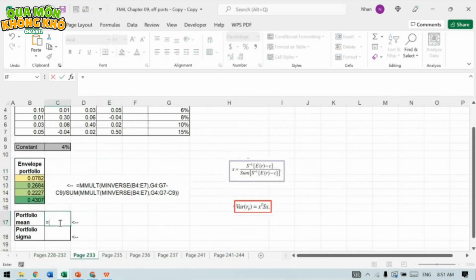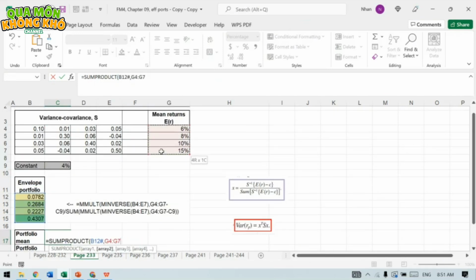And just do the same for the mean. The expected return equals the sum product of the envelope portfolio and the mean return.